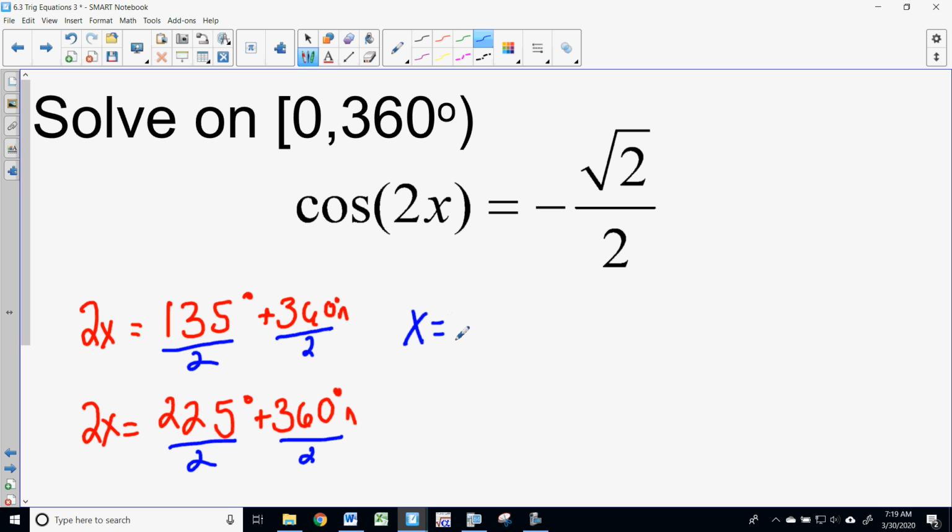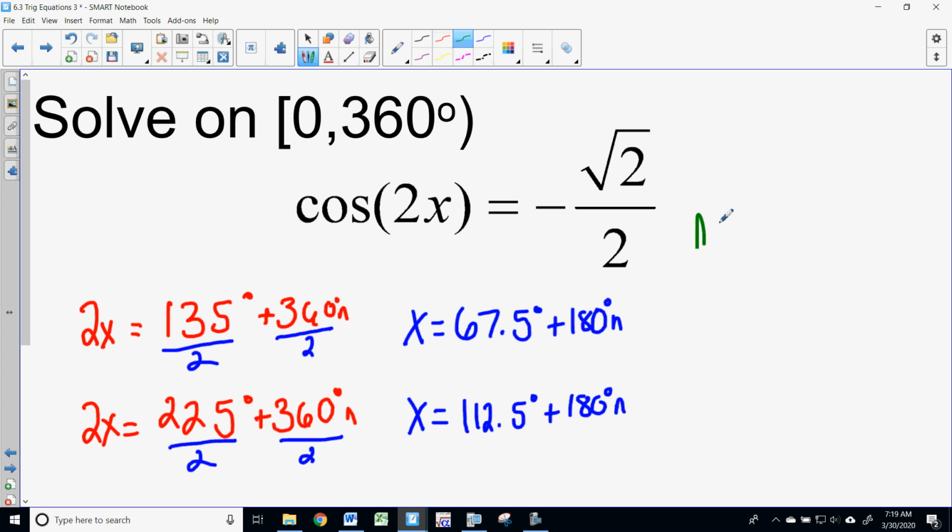So 135 divided by 2 is 67.5. And 360 divided by 2 is 180. 225 divided by 2 is 112.5. And then 360 divided by 2 is 180.